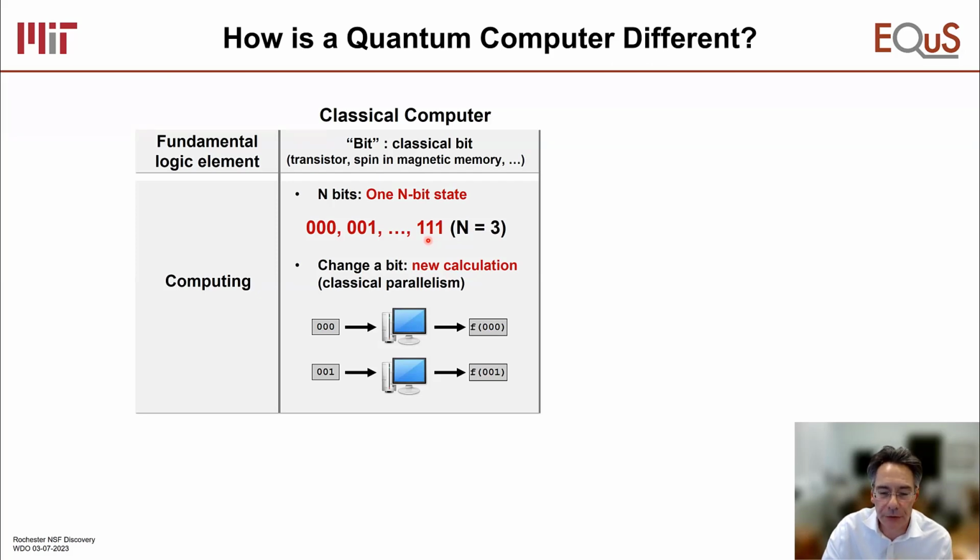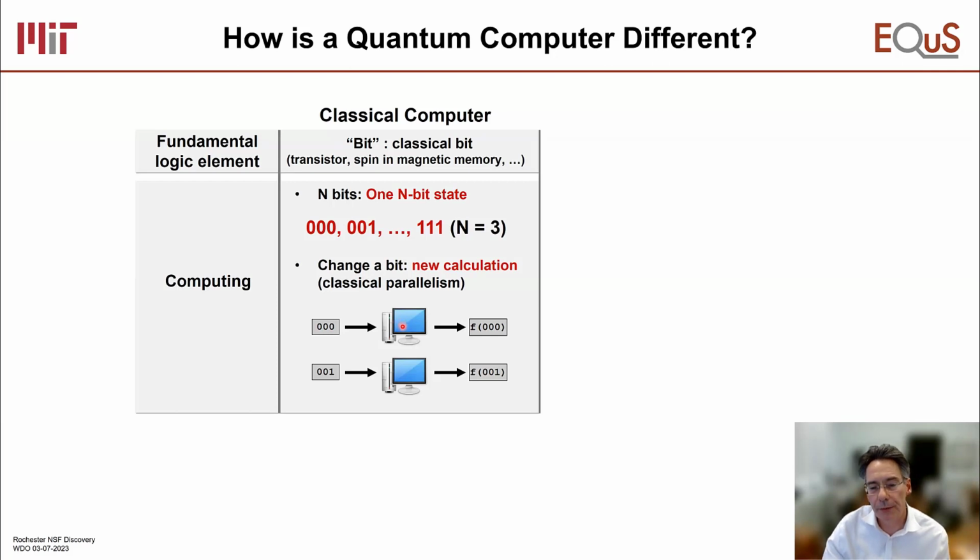And so if we want to, say, calculate the outputs for all of these inputs, we basically have one of two options. First of all, we could take one computer, input 000, calculate the output, and then on that same computer, serially in time, keep putting in new inputs and get new outputs.